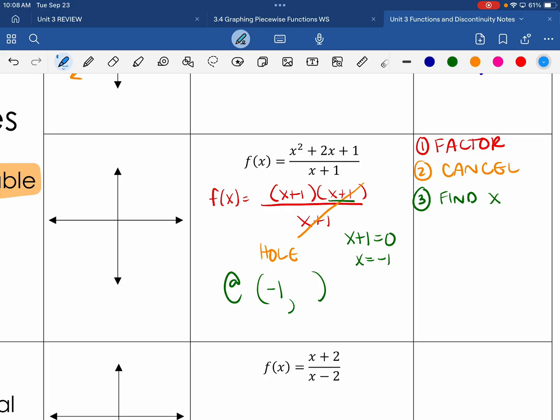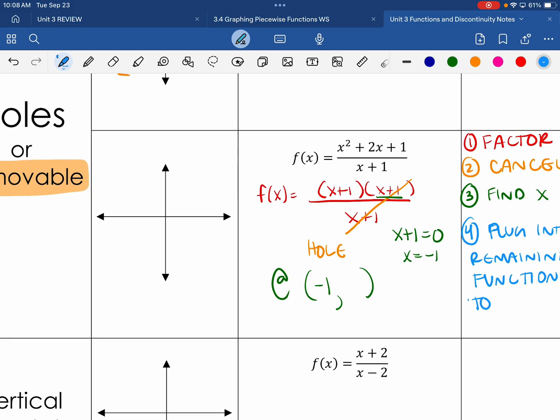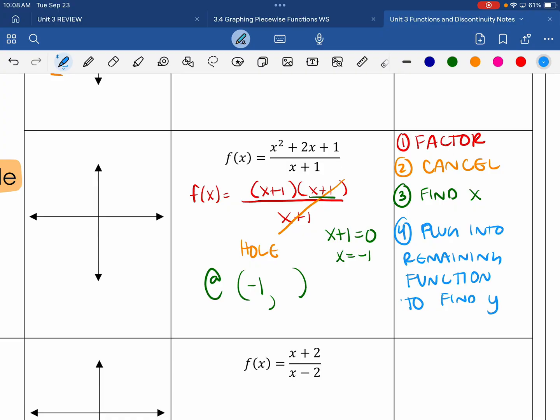All right, but we've got to plug it back in to find y. So we're going to plug it into the remaining function to find y. So we're going to take -1. This guy here is what's remaining. So the x plus 1 is what's left over. After I canceled these factors, I'm left with an x plus 1 on top.